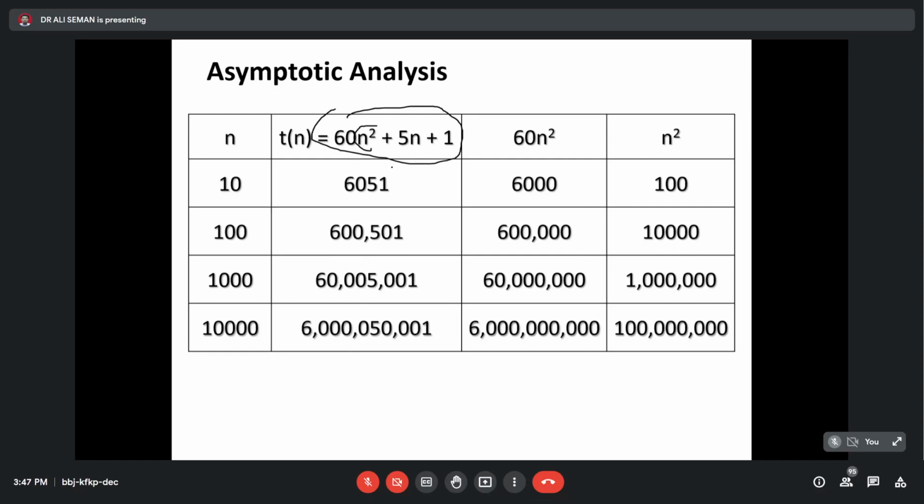If we substitute with the exact input size, it becomes 6,051. If we take only one constant here, 60 times n squared only, and finally we can see how it increases and the pattern grows like this.